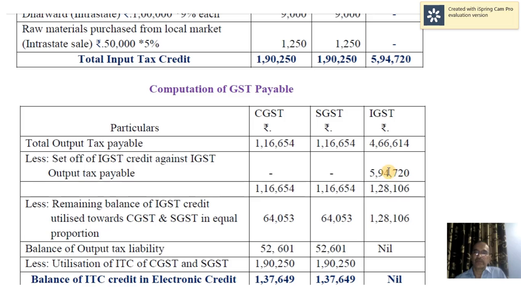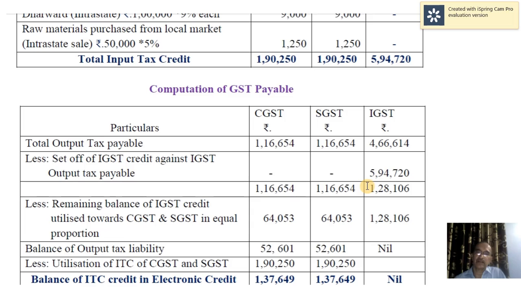Okay, here after setting it off, there is a balance of 1,28,106. Now, before using input tax credit of CGST or SGST, you have to exhaust all the input tax credit of IGST. Therefore, first 1,28,106 must be utilized towards CGST and SGST in any order and in any proportion.